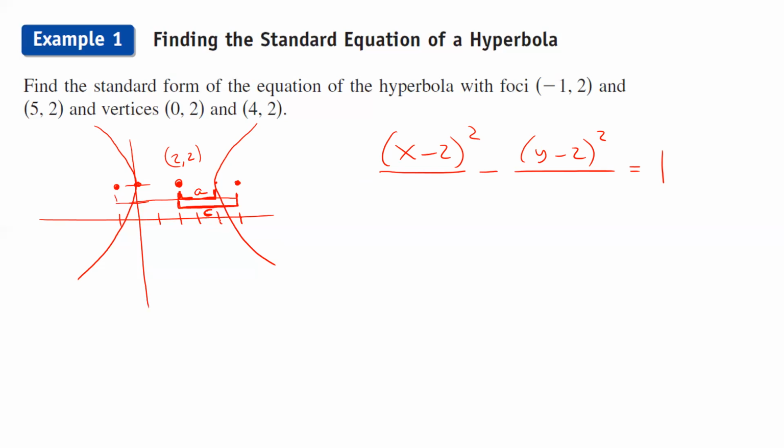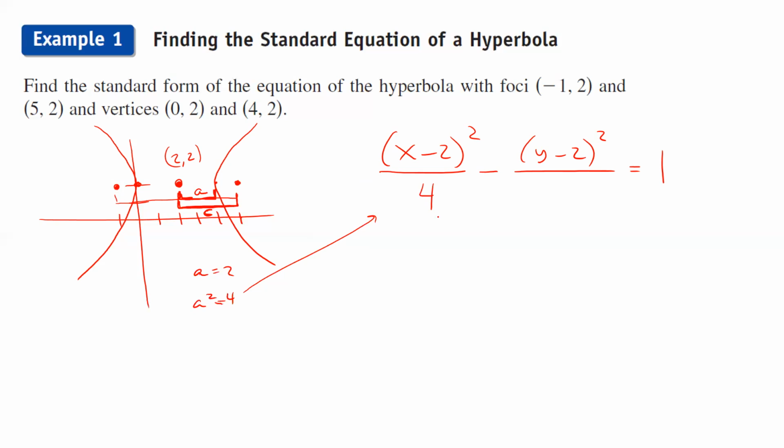But C is not part of the formula, huh? A is part of a formula, though. It's from C squared equals A squared plus B squared. Yes, it connects our A and B and C together. But for the A value, you guys okay with A value as 2? Yeah, A value is 2. Therefore, A squared is going to be 4. So I'm going to go with 4 right over here.